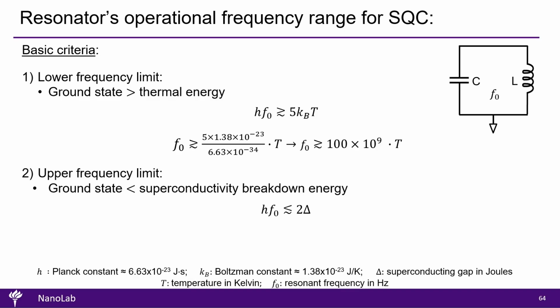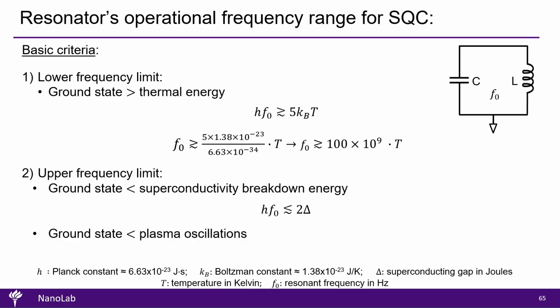The product of Planck's constant and the resonant frequency must remain below the superconducting gap, otherwise superconductivity could break down, which, as we saw earlier, is essential to suppress conduction loss. Another upper limit criterion is that the resonant frequency must stay below the plasma frequency of the material, which is generally satisfied if the superconducting gap criterion is met.